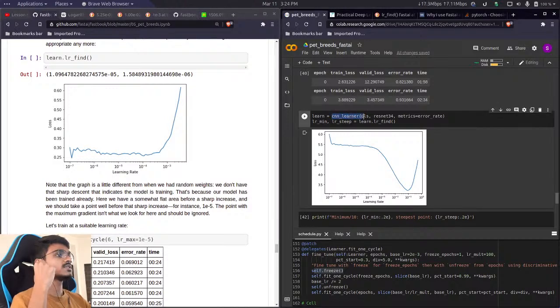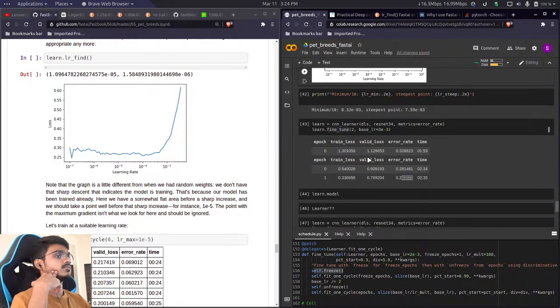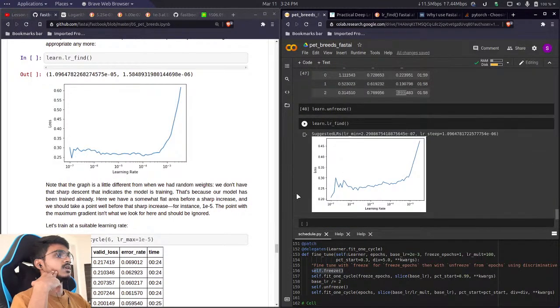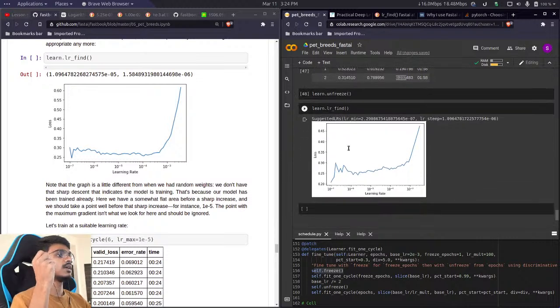When we call the CNN learner on the data set again and get the learner, we are again getting the randomly assigned weights, so in that case the graph was something like this. And in this case, when we freeze the pre-trained layers, train for one cycle, and unfreeze and find the learning rate, it is different.